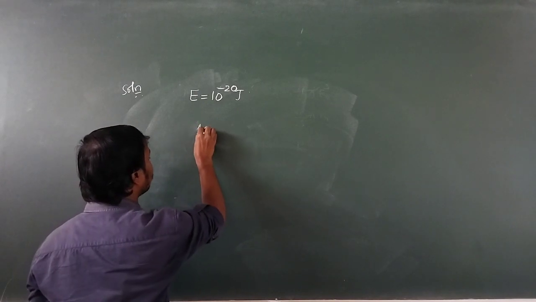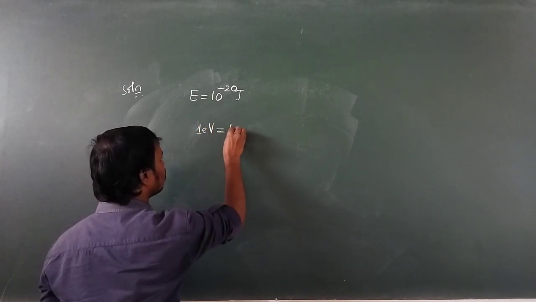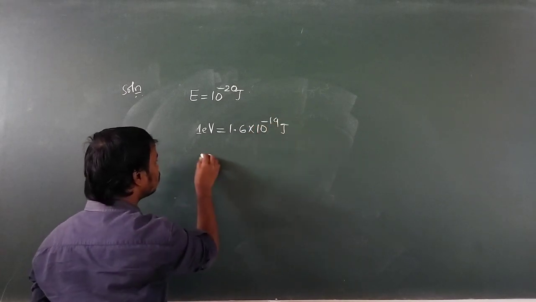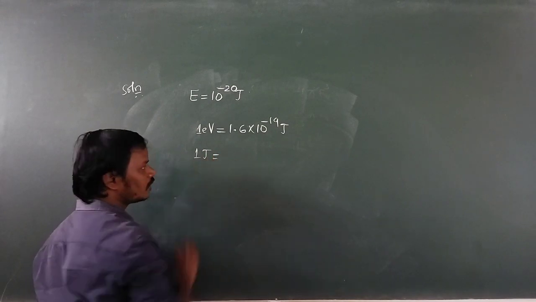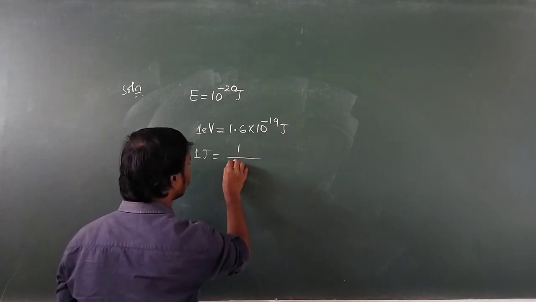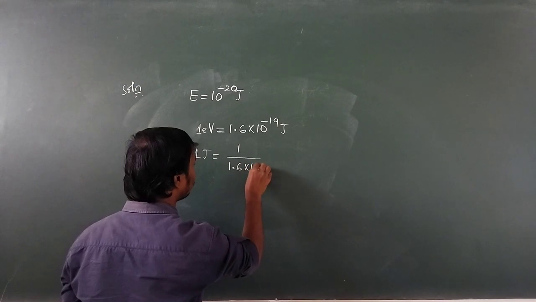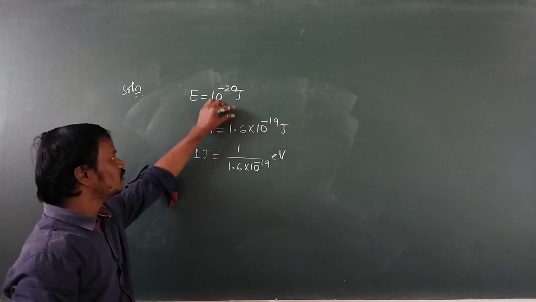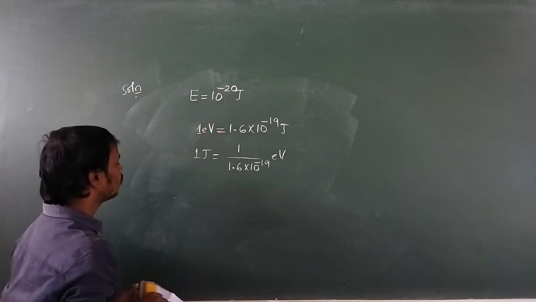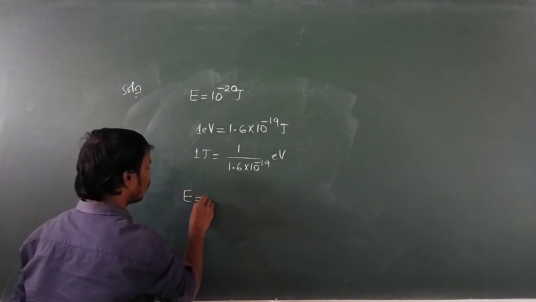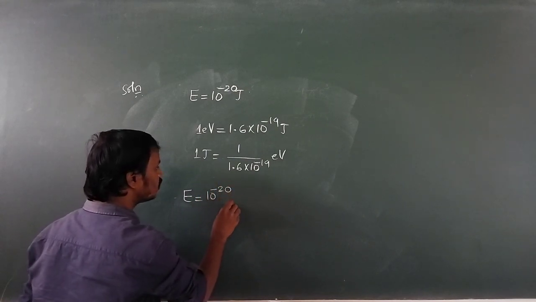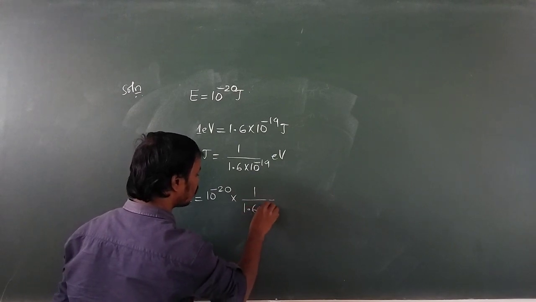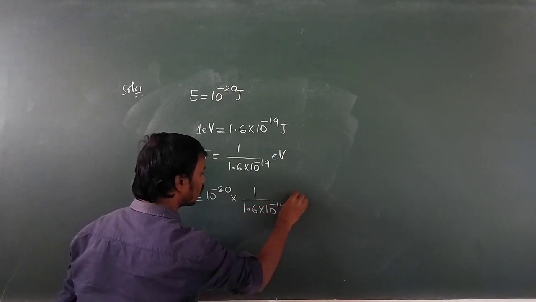So listen here, 1 electron volt in terms of joule is 1.6 into 10 to the power of minus 19 joule. So 1 joule is equal to 1 by 1.6 into 10 to the power of minus 19 electron volt. So let us replace 1 joule by this value, means we can write E is equal to 10 to the power of minus 20 into 1 by 1.6 into 10 to the power of minus 19 electron volt.